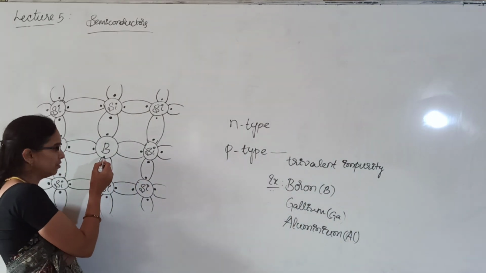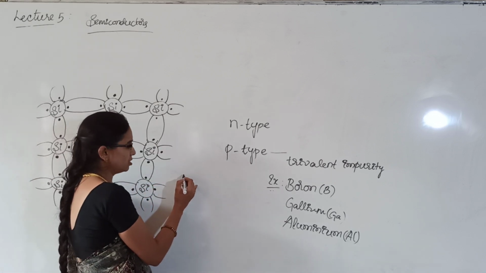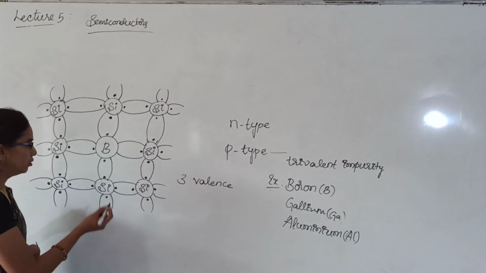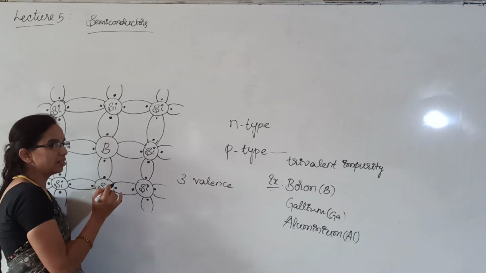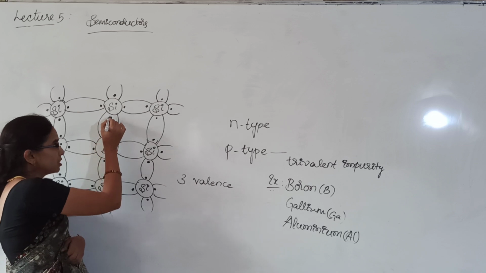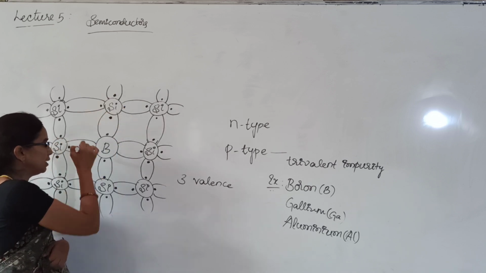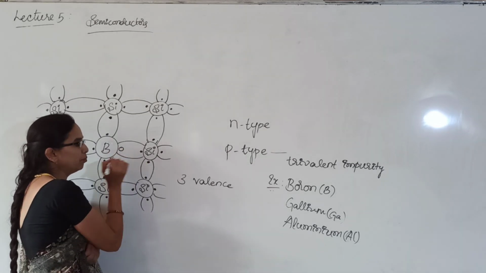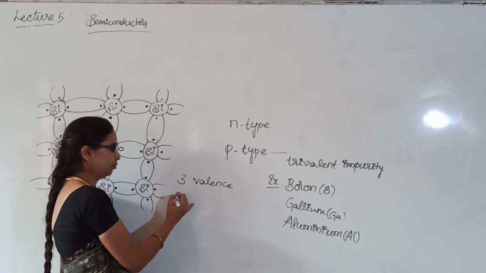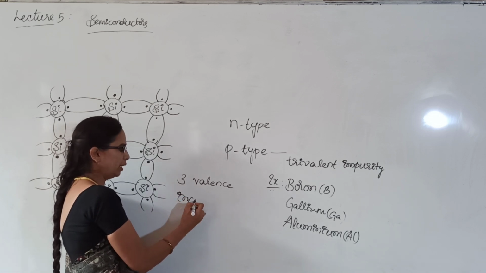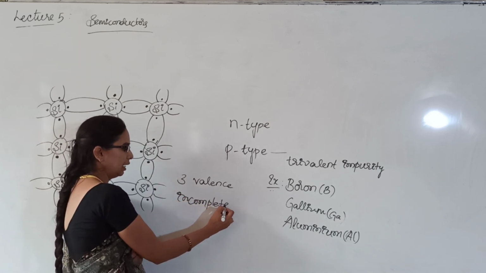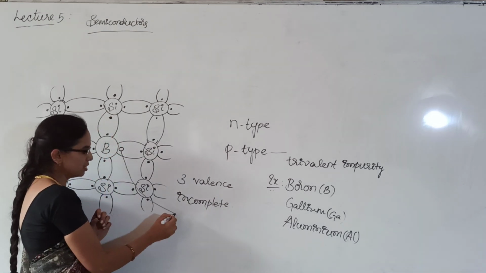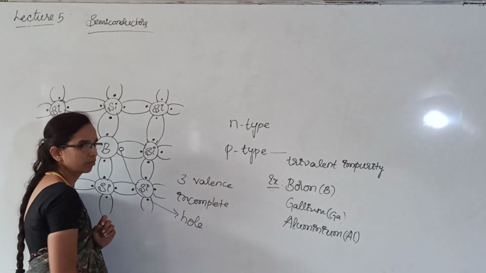Boron, which is having 3 valence electrons, so these 3 valence electrons of boron makes covalent bonding with the neighboring silicon atoms, but one covalent bond remains incomplete, and the vacancy is called as hole.